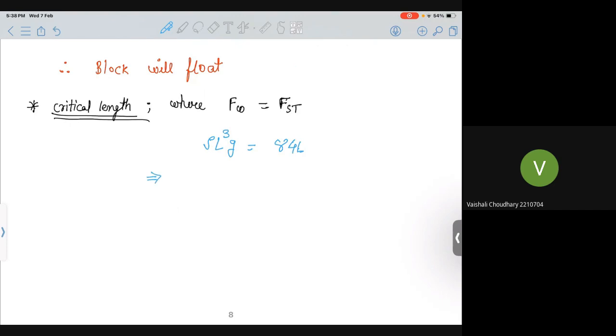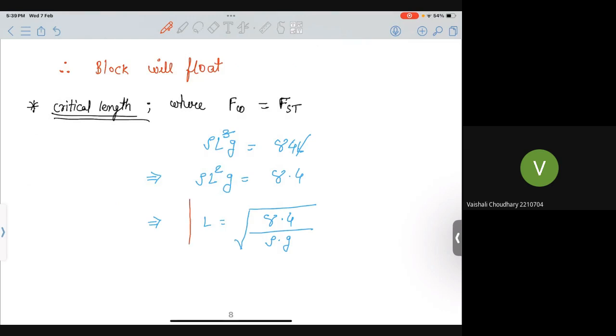So if we simplify this, L will get cancelled. Rho L square g equals gamma times 4, or the length is nothing but gamma times 4 divided by rho times g, under the whole square root.